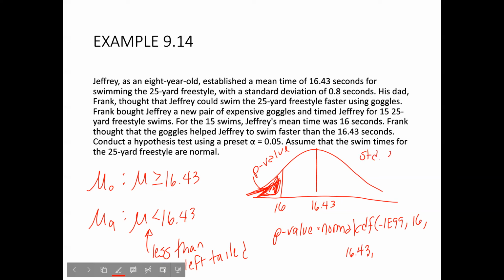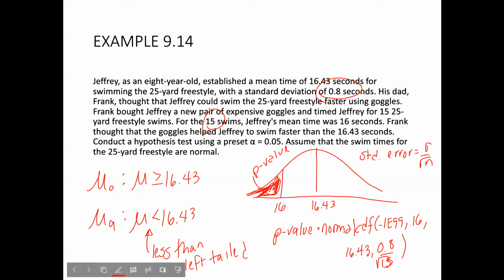And the standard error is sigma over the square root of n. What did we calculate sigma to be? 0.8. And how many swims did this young man do? 15. So we're going to use 0.8 over the square root of 15. That is going to give me the p-value.